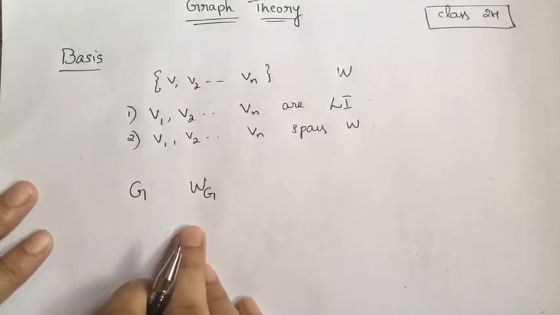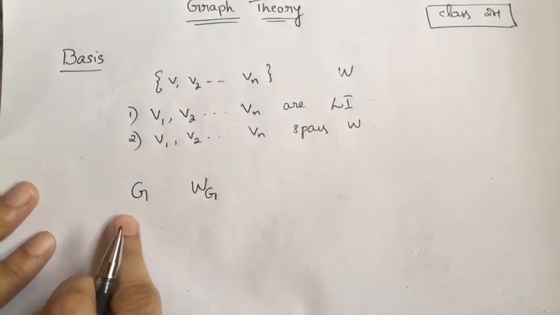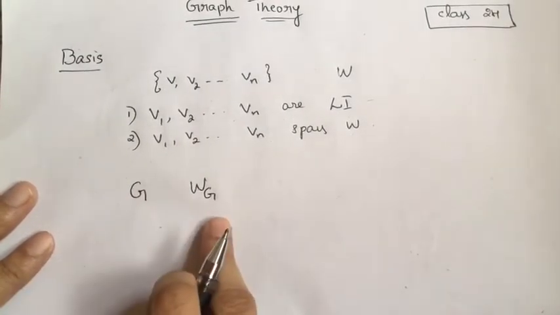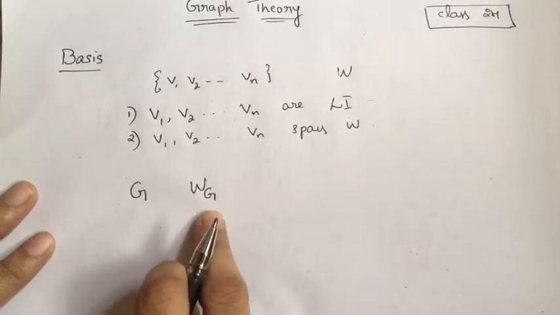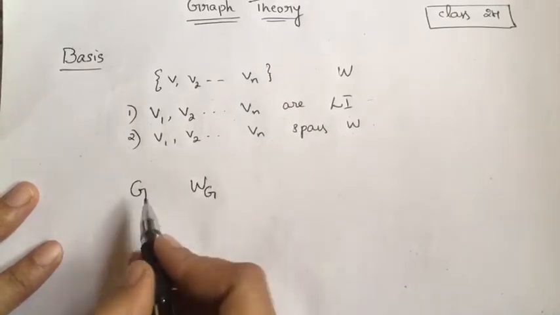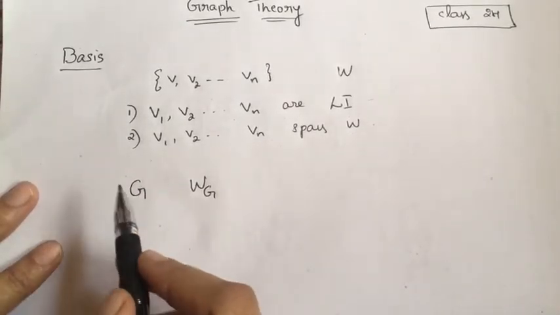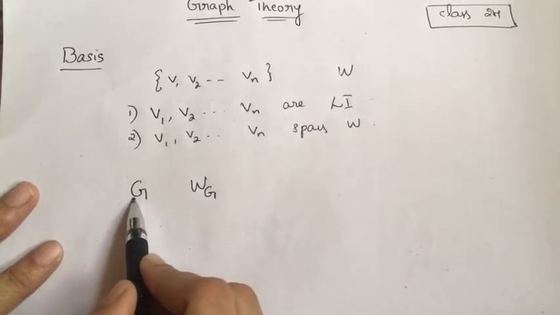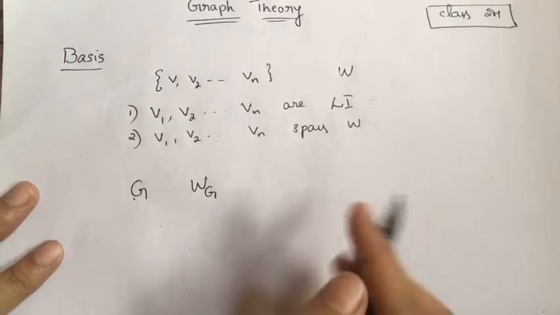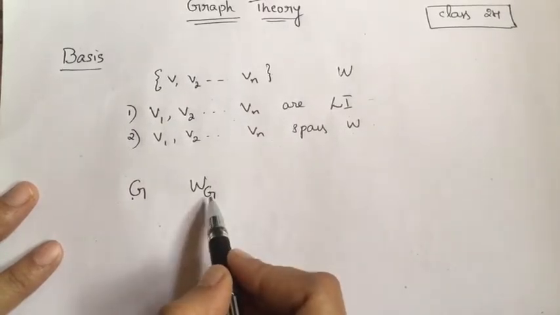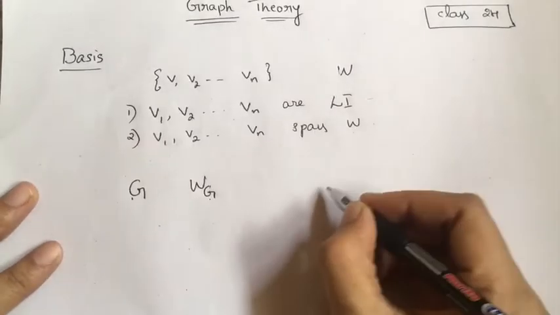Corresponding to each subgraph of G, there is a vector in WG represented by an E tuple, which we have seen in the last video. It depends on how many edges the graph has got.